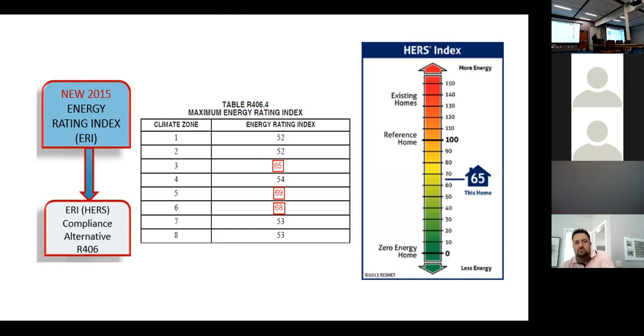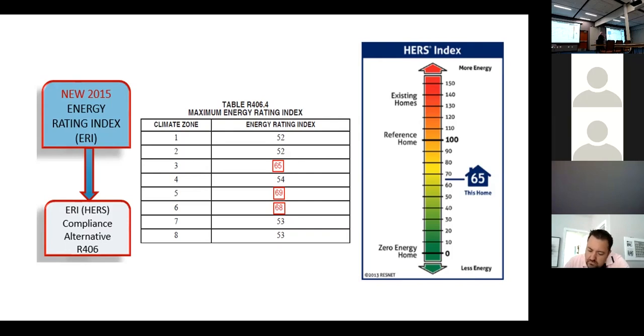What's the difference? Anybody know? The code put in energy rating index as a generic term. It's a rating, it's a number, it's an index, a rating we give a home based on criteria listed in the code. Currently, there's one system in place, and that's a HERS rating.